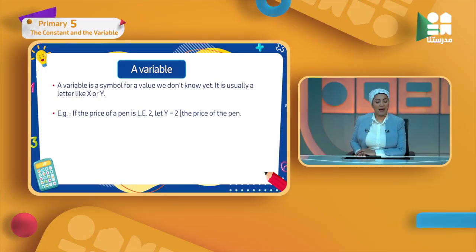Example of a variable: if the price of a pen is LE2, as we said, this is my constant. Its price is LE2.